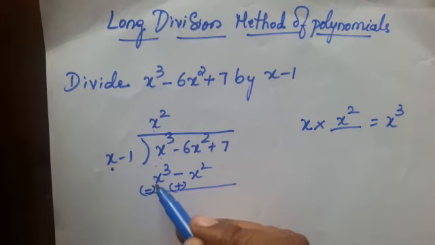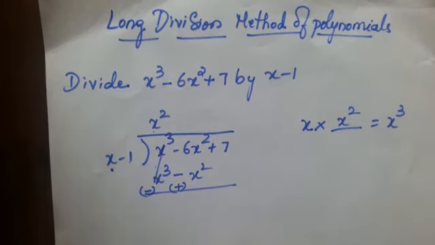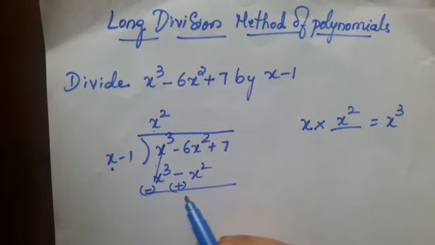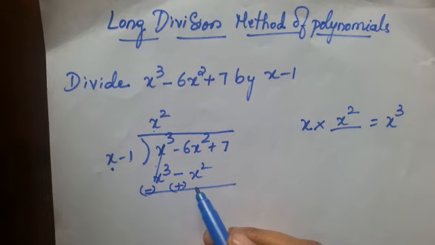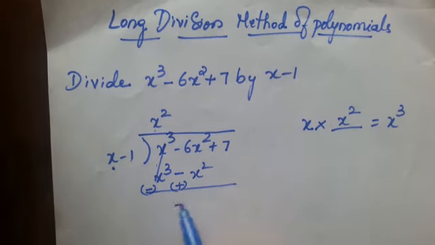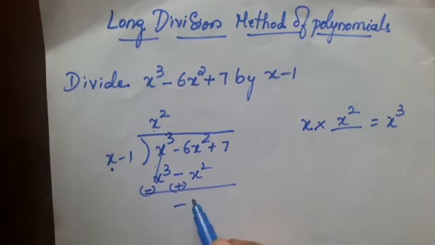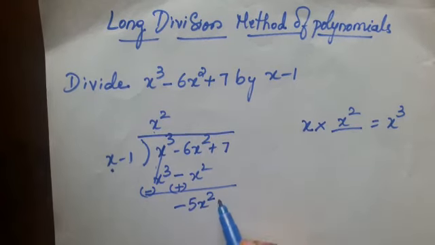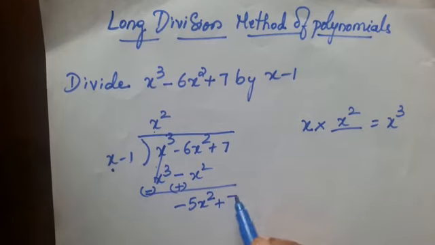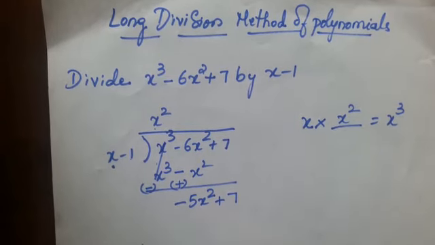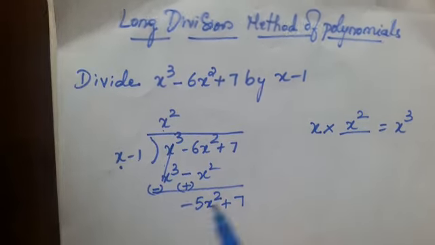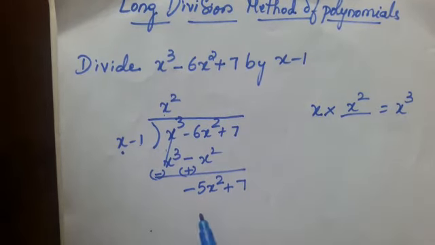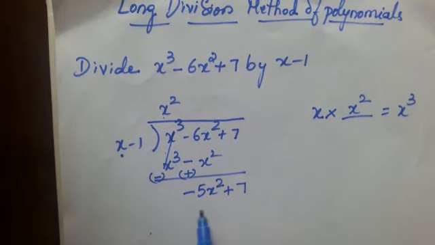Now plus x cube and minus x cube get cancelled. So minus 6x square and plus 1x square is minus 5x square, plus 7, right? Yes.